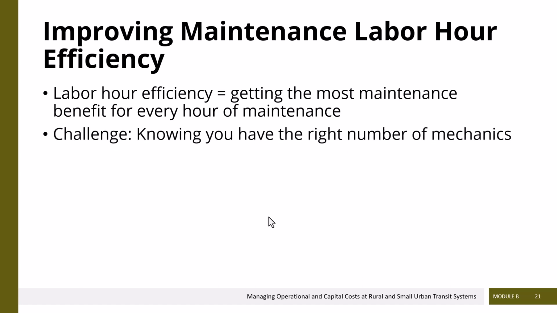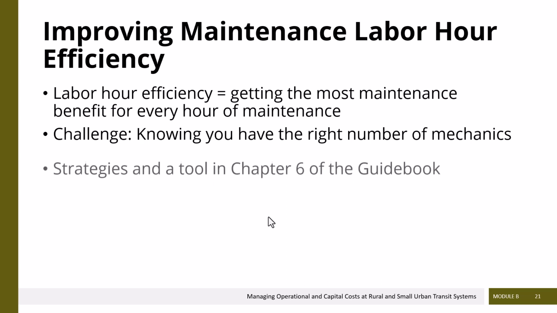Part of the challenge when it comes to maintenance labor hour efficiency is making sure that every hour a mechanic has is used as best it can be, not having too many mechanics where you have slack time or unproductive time, and also not having too few mechanics, which might generate overtime or get you behind in your maintenance.